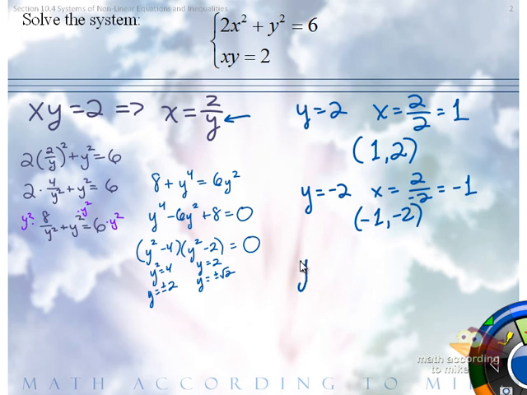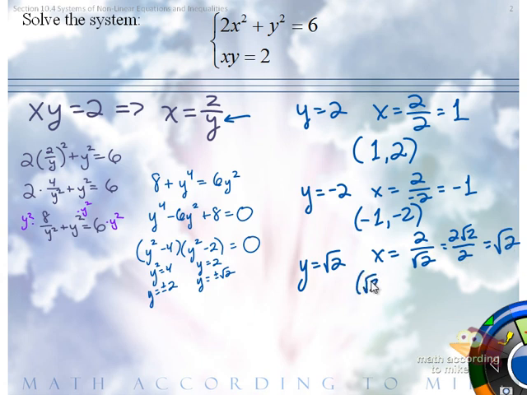If y is the square root of 2, then x is 2 over the square root of 2, which is 2 square root 2 over 2, which is square root of 2, because you have to rationalize. So this would be radical 2, radical 2.